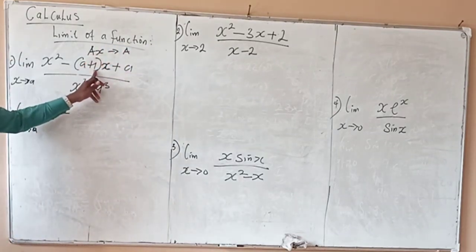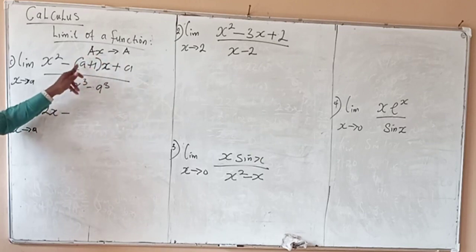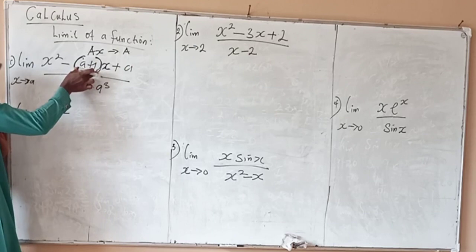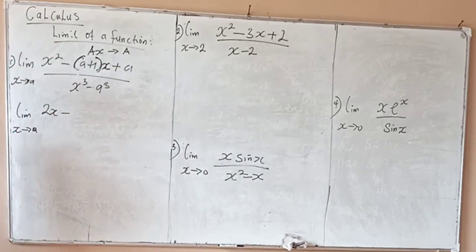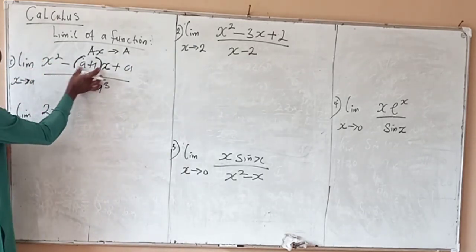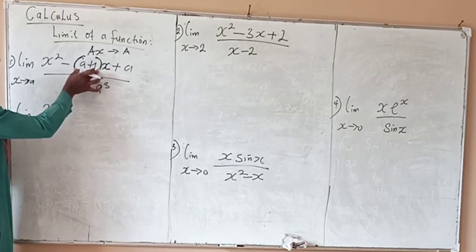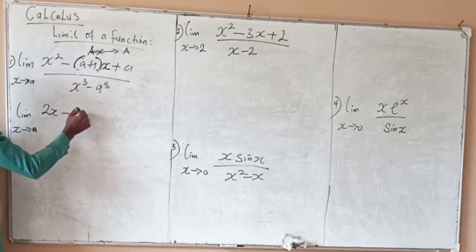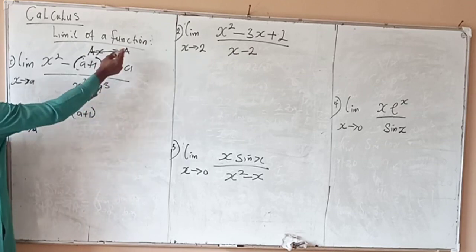This bracket means treat it as just one thing. So if you differentiate this, we are going to have a plus 1.